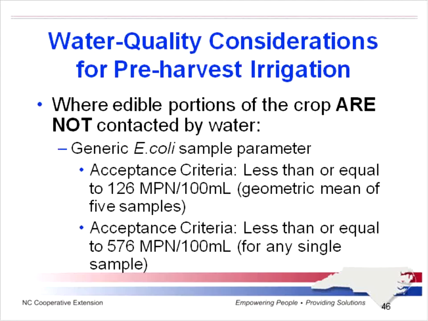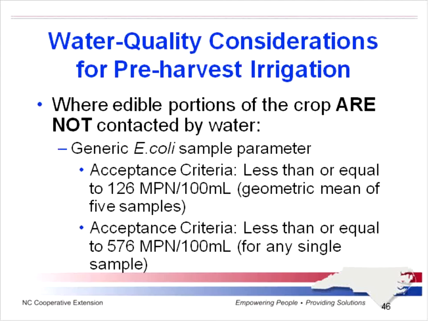Once you generate five water test samples, the mean of those samples becomes the number that you're interested in, shooting for less than 126 MPN per 100 mL. The geometric mean just refers to, as new samples are taken, older samples are dropped out of the mean. So you want to take the mean of the newest 5 samples that you have.